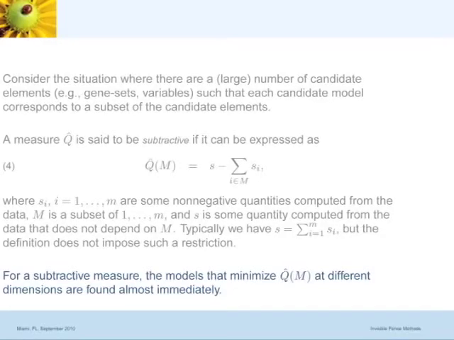Right? Then you say, what is the advantage of a subtractive measure? Well, the advantage is that if a measure is subtractive, then I can immediately find the model that minimizes this measure at each dimension. And you say, how?